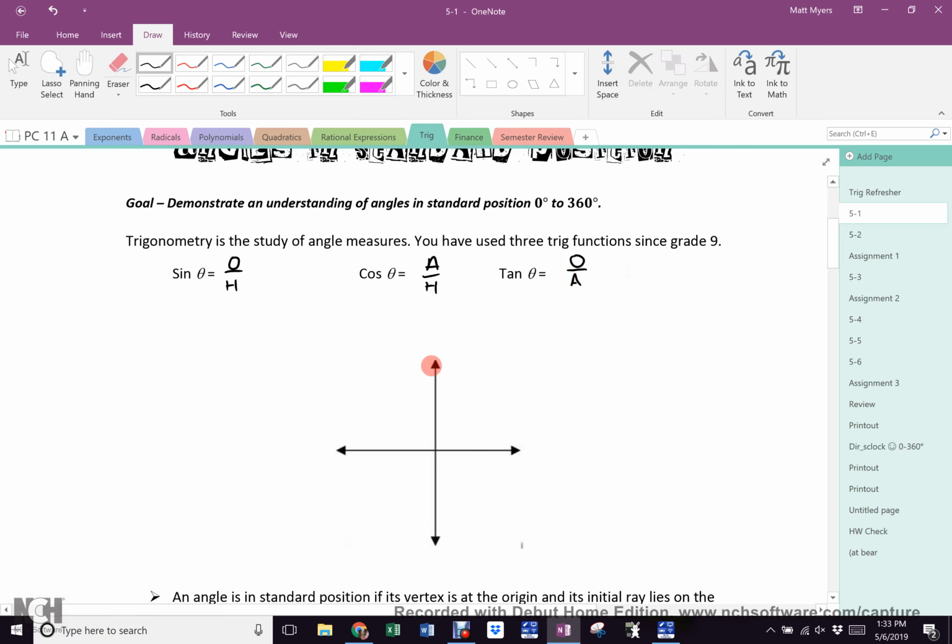Now, we've got to remind ourselves of some stuff about this construction. What is this line? The x-axis. Agreed? And any dot on that line has an x value, correct? All right, good. What is this line? I've just given it away by writing it. The y-axis.